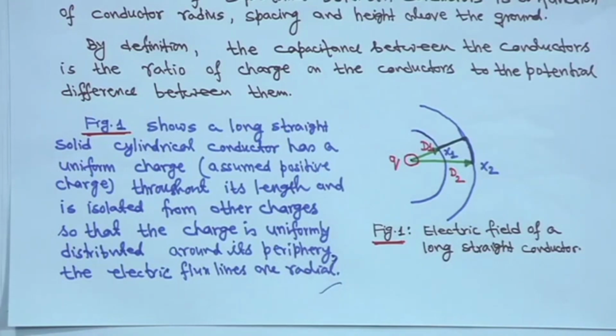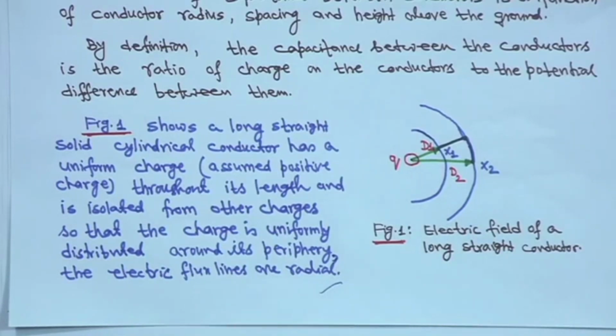Around its periphery, the electric flux lines are basically radial.